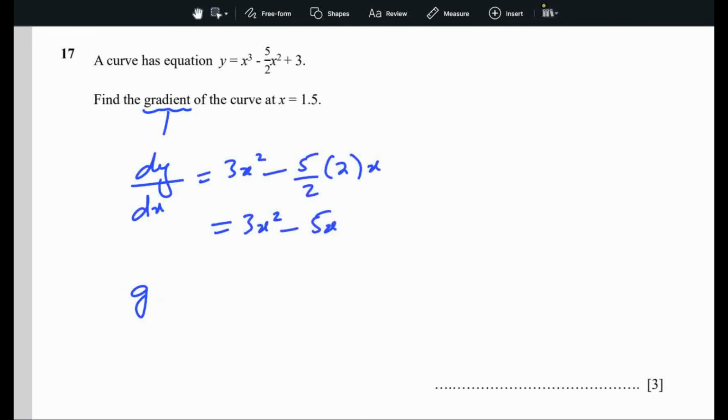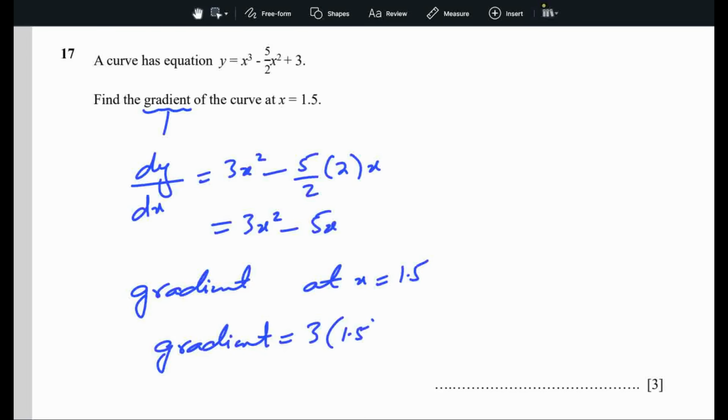So gradient at x equals 1.5 will be equal to 3 into 1.5 whole square minus 5 into 1.5. So just use the calculator now.